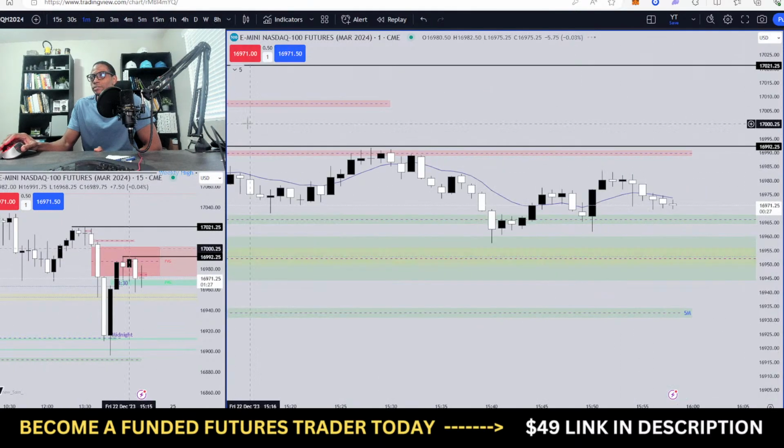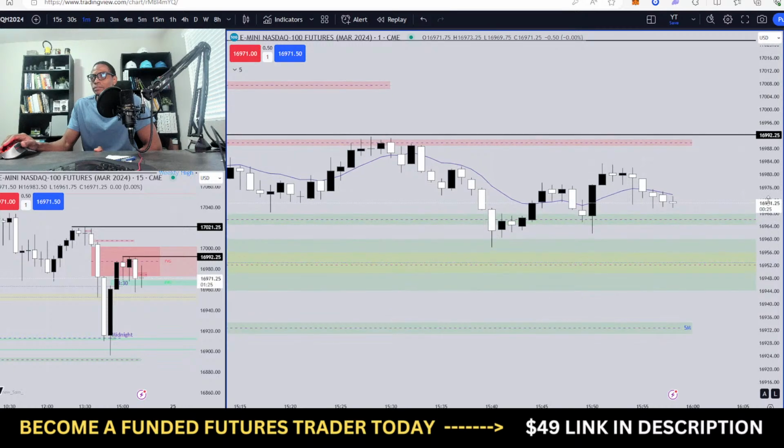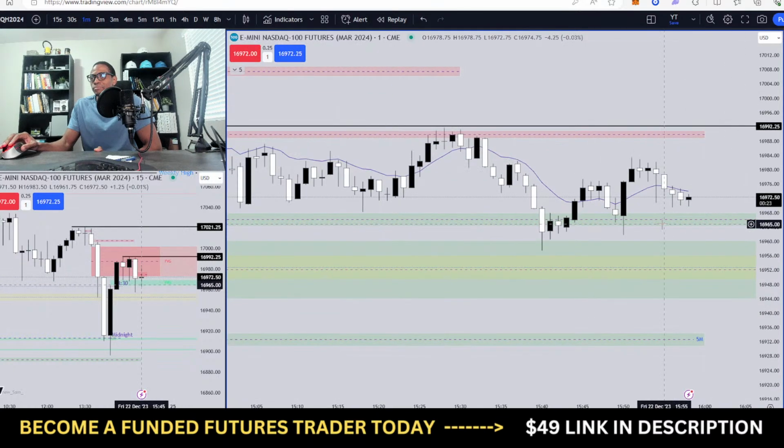Peek at the 1 minute. Okay. We got wicks below, which is great, showing a rejection to continue moving lower, but we're running out of time.